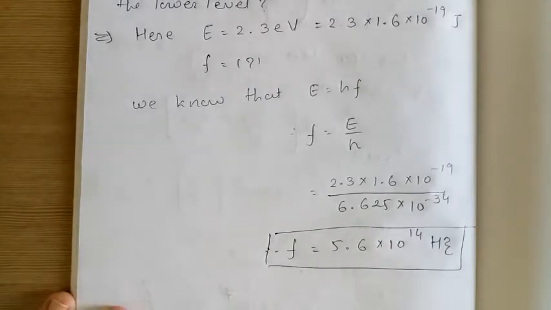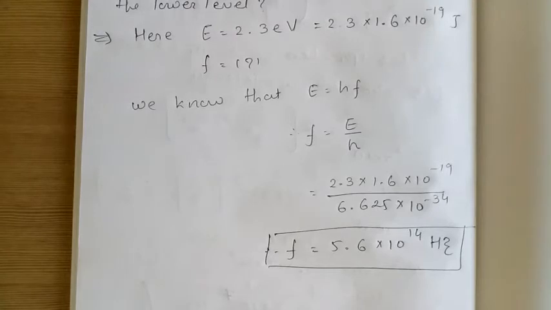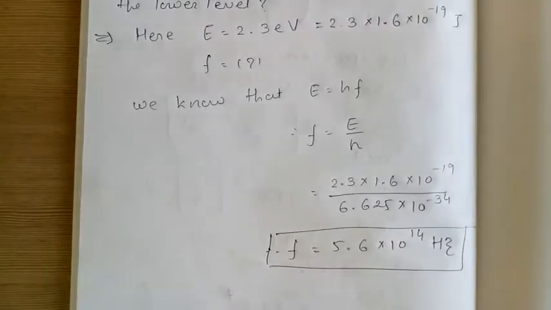Once again, here we know the energy E is equals to 2.3 eV. We have to find out the frequency when the atom makes a transition from the upper level to lower level. So simply we use the formula E is equals to HF.